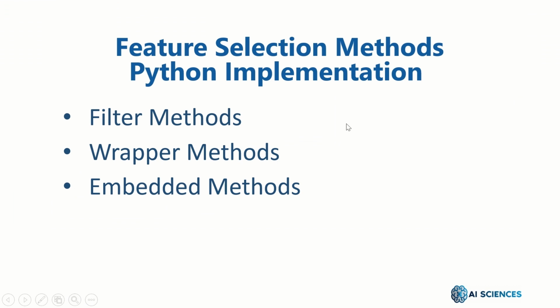So this is a very small workflow of filter methods, wrapper methods, and embedded methods. To see much more detail about these, how to implement these models from scratch, and to understand much more theory on real datasets, I recommend you go to our official course on AI Sciences and enroll in that course on feature engineering.